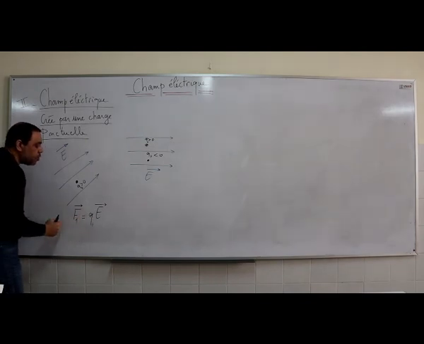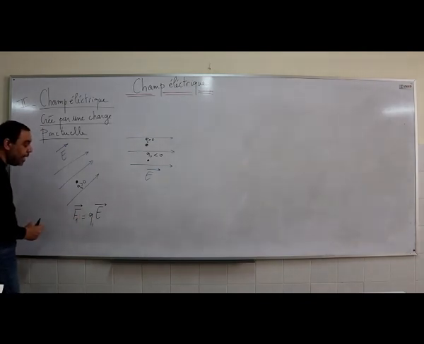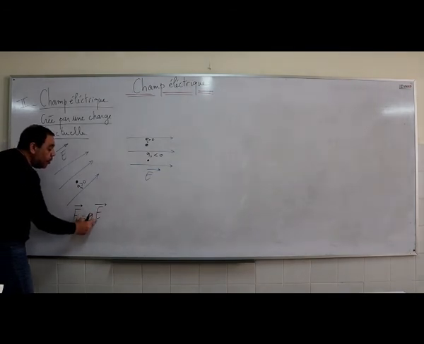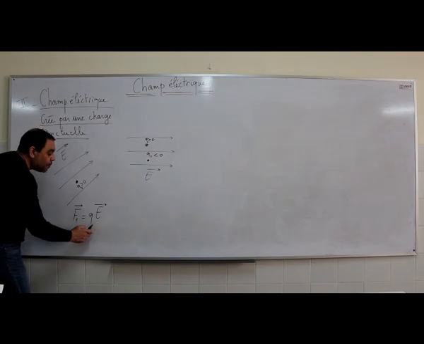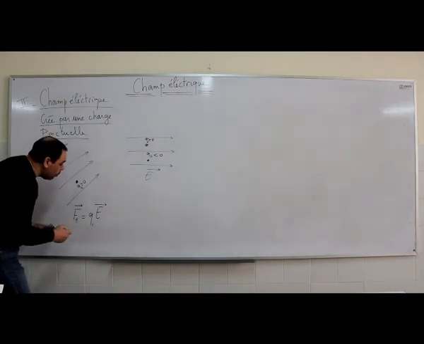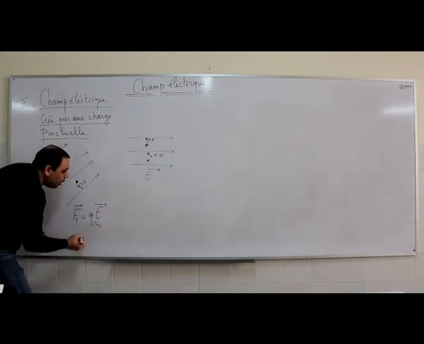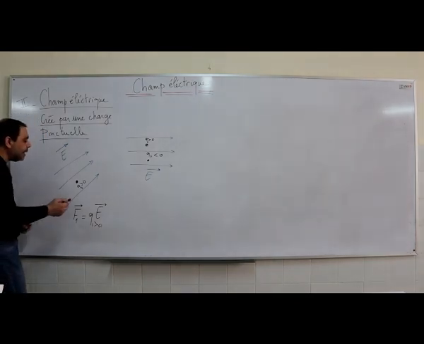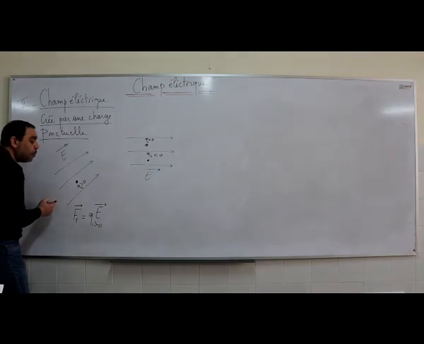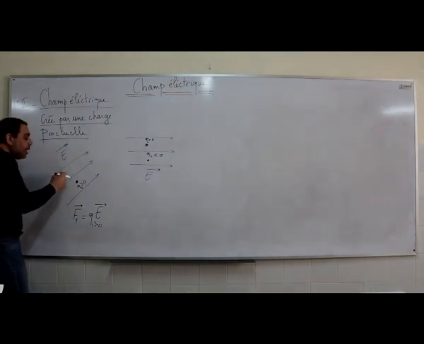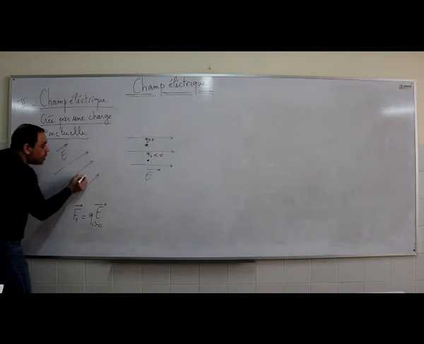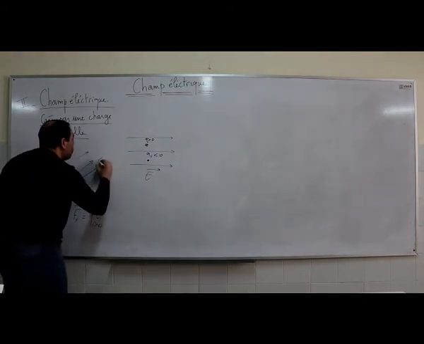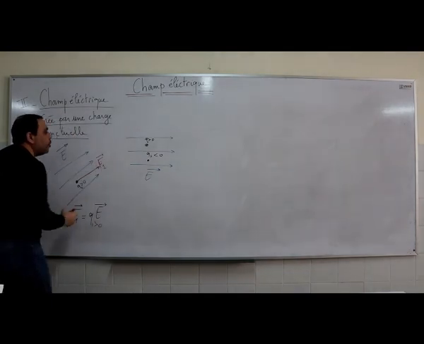Note that F1 and E are proportional vectors. As a result, F1 and E are parallel and have the same direction because Q1 is positive. Then, if you want to represent the electric force to which Q1 is subjected when it is placed in the electric field E, we draw it in this direction, parallel and having the same direction as E. This is F1.